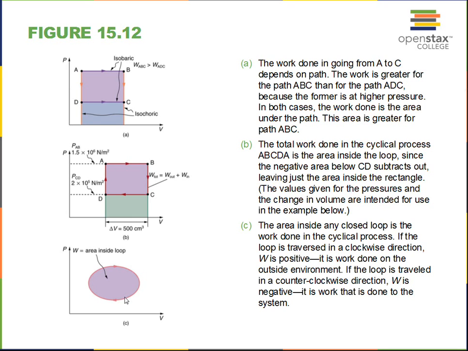So we'll deal with rectangles. We won't deal with curves in my particular course. But the net work is the positive work combined with the negative work. When the volume is decreasing, the work is negative, and the inside of the rectangle here is the net work done by the system.